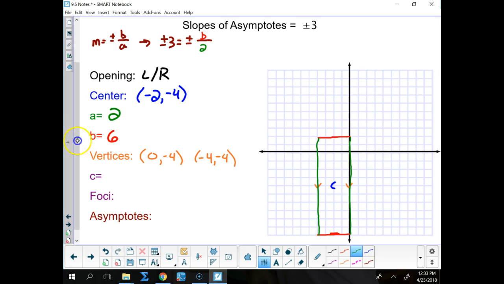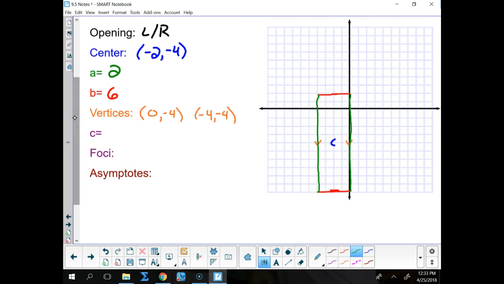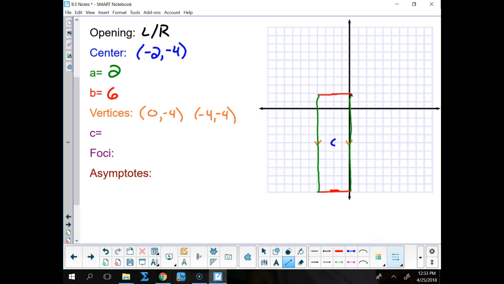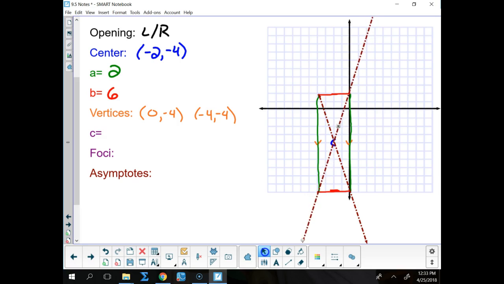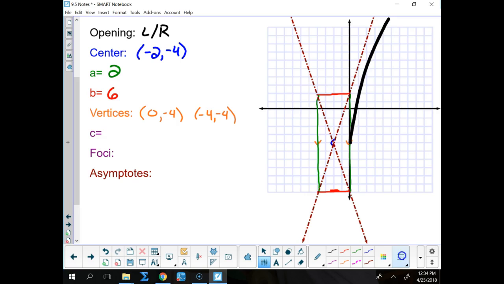Yeah, because we got asymptote y-intercepts on the y-axis. Yes, no? Okay.